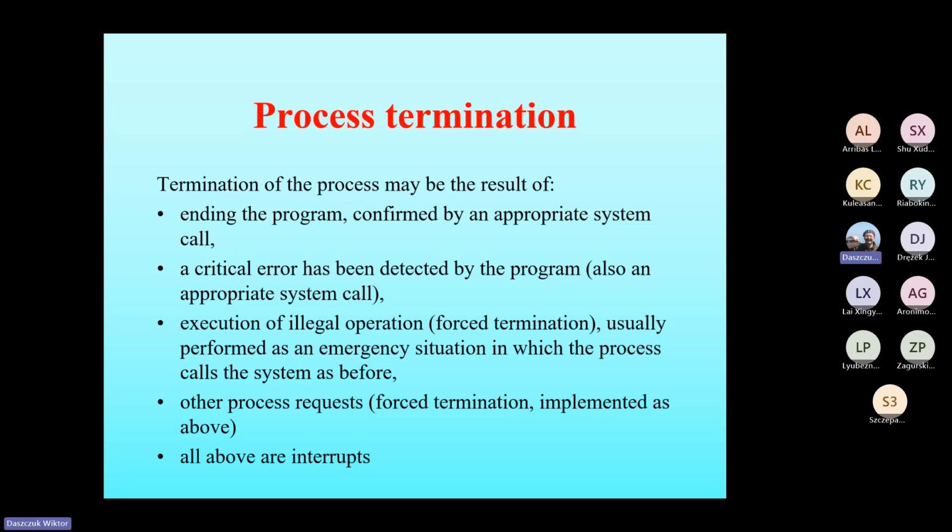If it's a null pointer, extra code finishing the process can be called. The order can come from another process, for example, a kill signal from the parent. And again, all the above are in fact various kinds of interrupts.